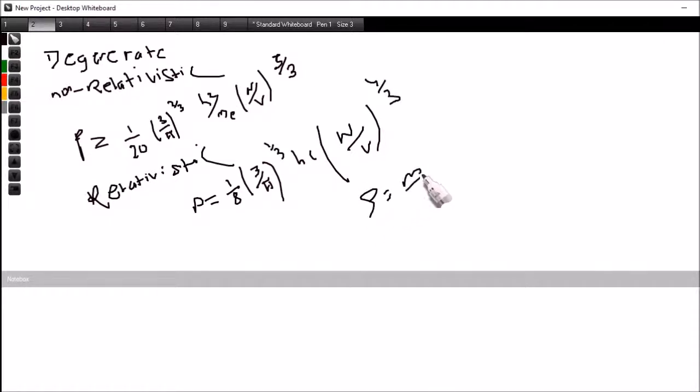Density is given by mass over volume. I can rewrite it as n mu, because mu is 1/n, and this will be m_H, and this will be b. So n/b is equal to the density over mu m_H.